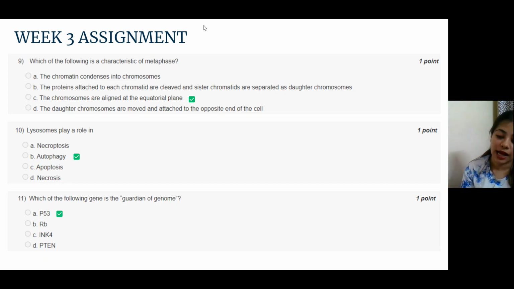Checkpoint basically means that before you proceed from stage 1 to stage 2, the cell verifies that everything required for moving to stage 2 is present. It has a checklist and it makes sure that all of this is done.